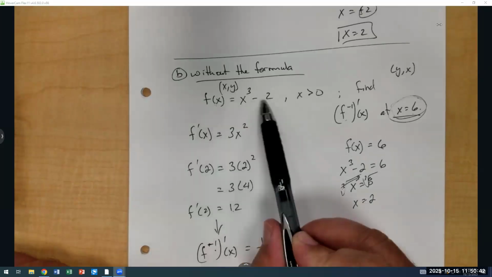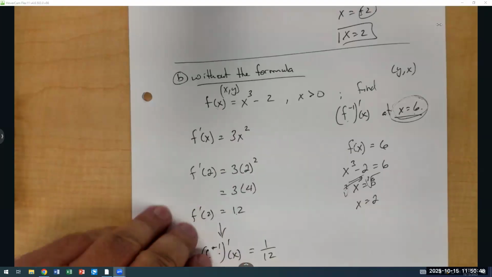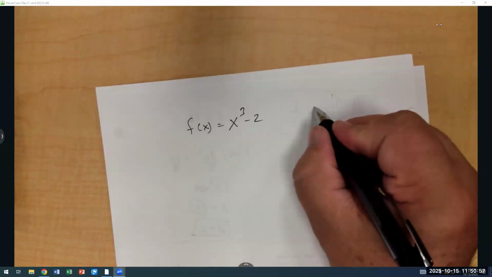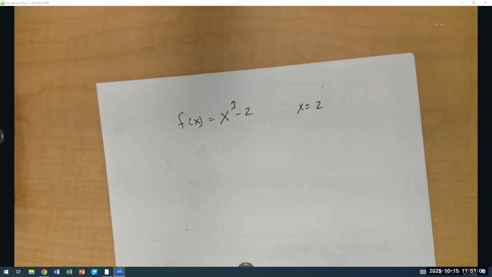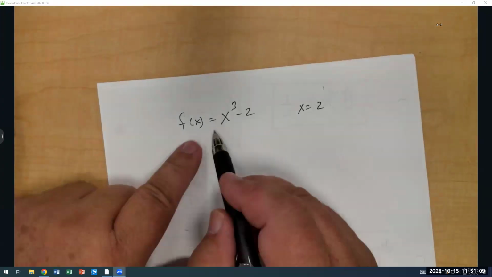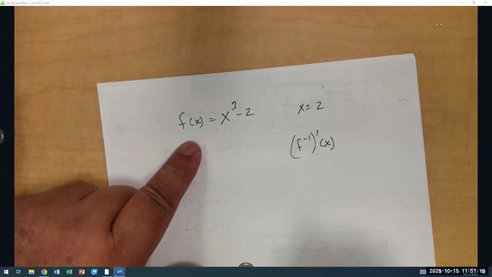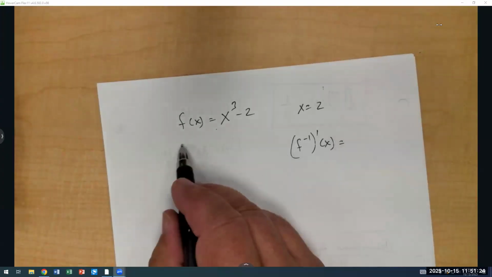And if I give you the x and y point for the original function, when x equals 2, and asked you to find the slope of the inverse, then it's just easy.